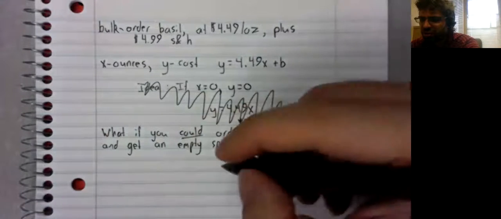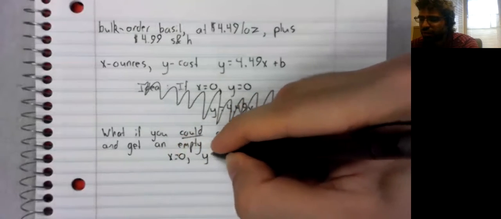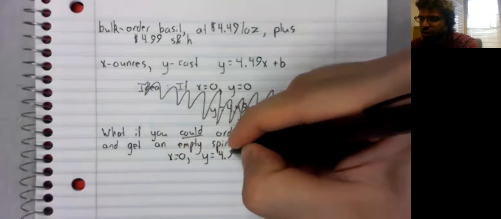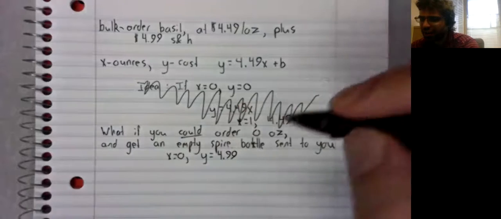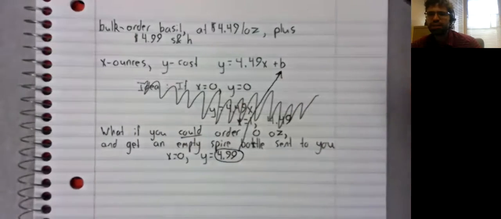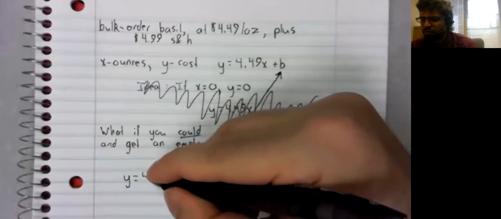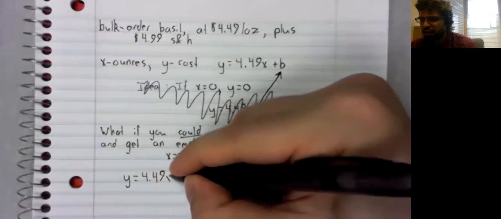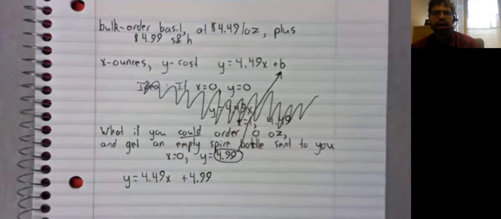There's no spice, but in this situation, you would still have to pay shipping and handling, and that gives you the b. y equals 4.49x plus 4.99.